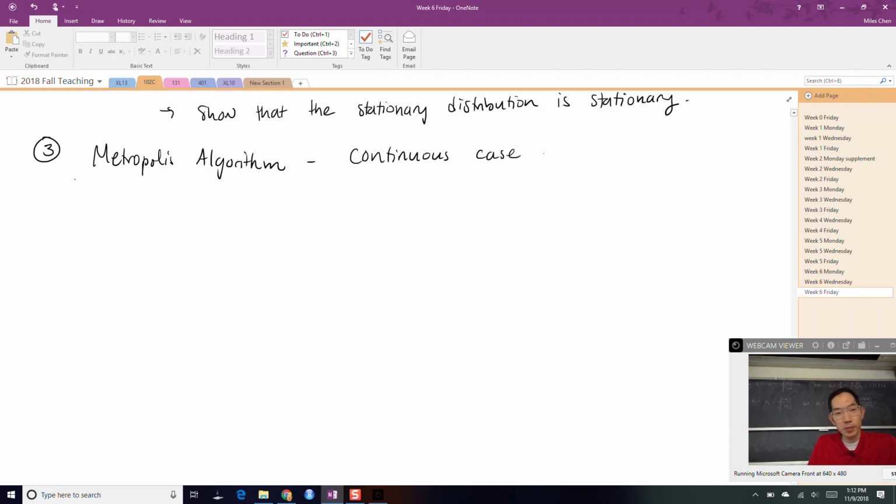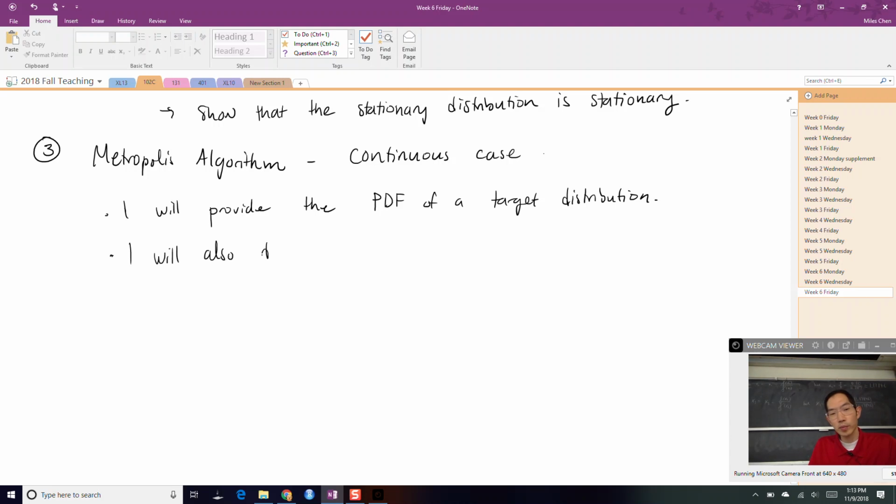Okay, so I will provide the PDF of a target distribution. Okay, and then I will also describe a proposal distribution. I'll go ahead and tell you.